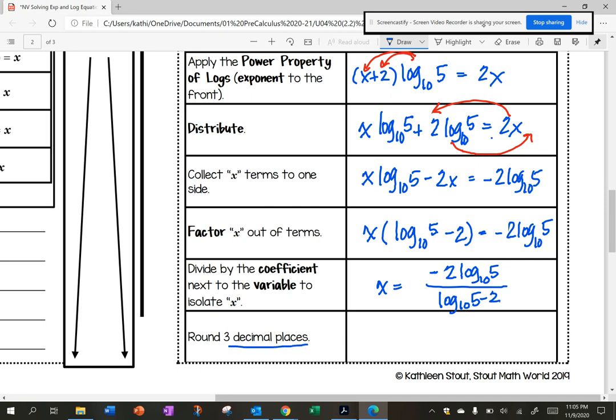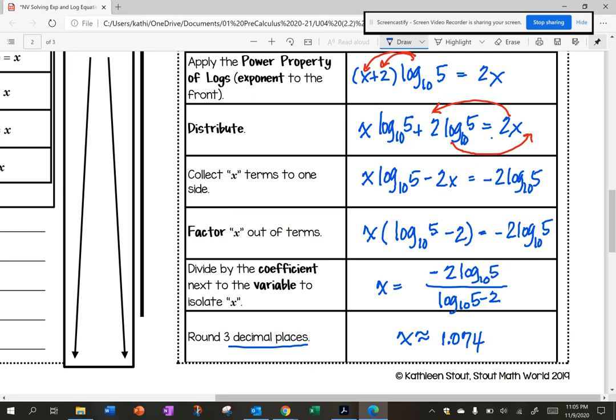Rounding to 3 decimal places in my calculator, I get x is approximately 1.074. So I just have a lot of words with logs, but I'm using a lot of the same process I have all along.